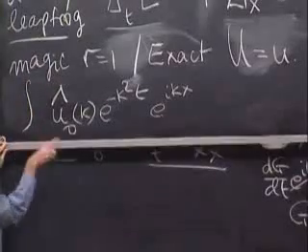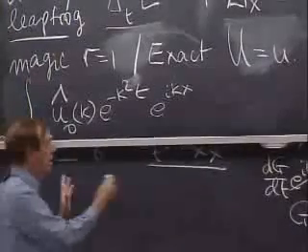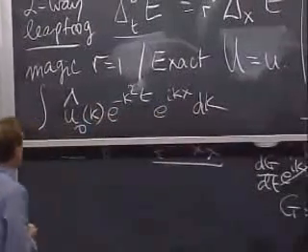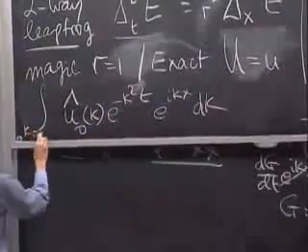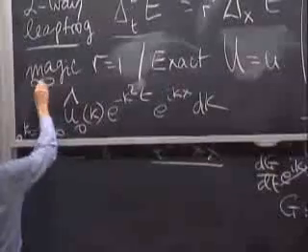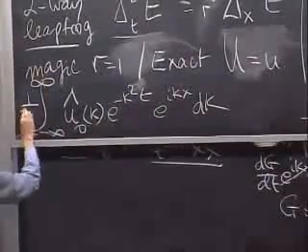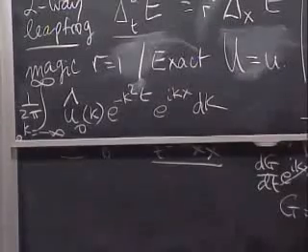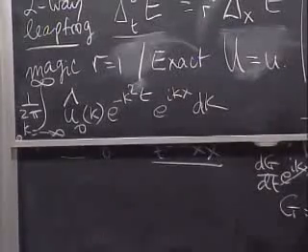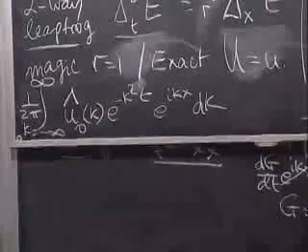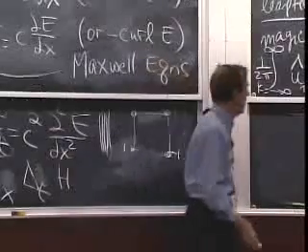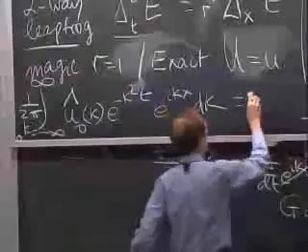And since we're on the whole line, k is continuous. So we add up from k equal minus infinity to infinity. And I think we have to remember the 2 pi that depends on our particular definition of the transform, but I'm going to stay with this one. That's the answer. That's u of x and t.